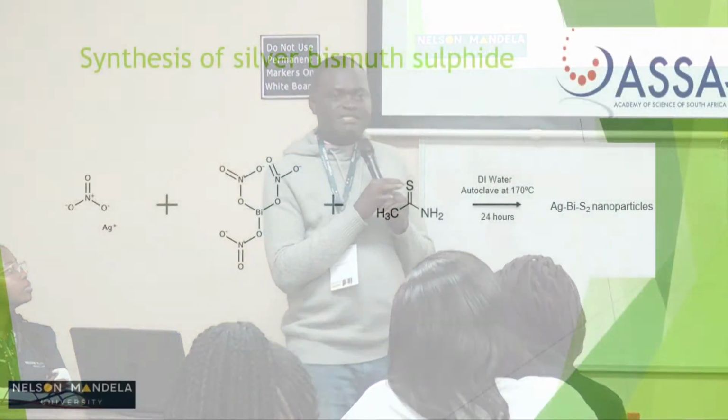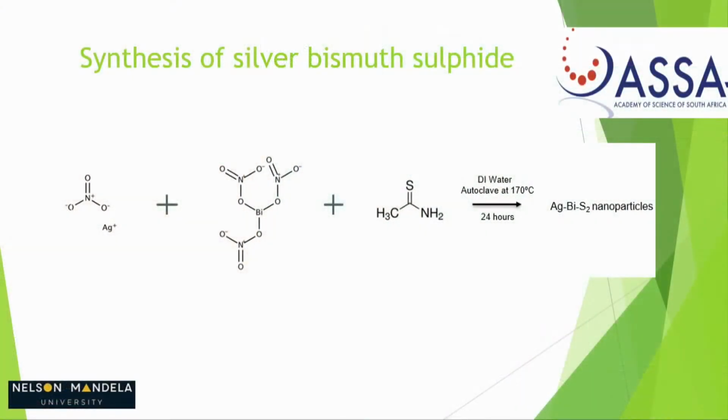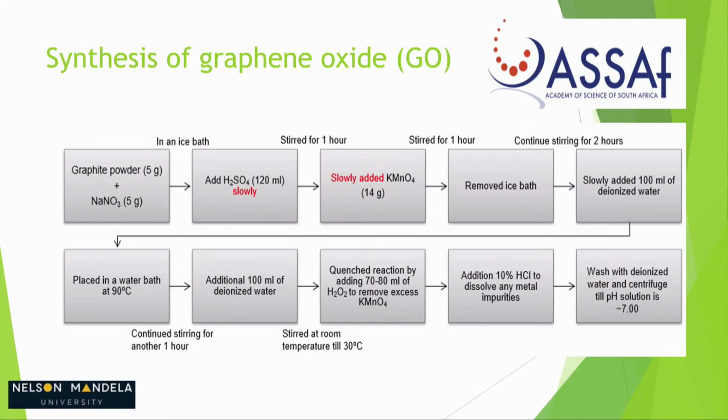We left that for 24 hours using DI water, deionized water, in an autoclave at 170 degrees centigrade. We monitor that, and after that, we get the sample that is formed. We are able to wash it and dry it. Then we take that for characterization to see what we have produced.